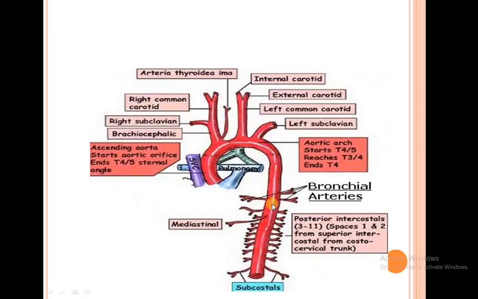So this blood which is mixed from the bronchial veins, which is deoxygenated blood, is mixed up with the oxygenated blood in the pulmonary vein. This is called as physiological shunt. This is known as physiological shunt and is equal to 2% of the cardiac output.